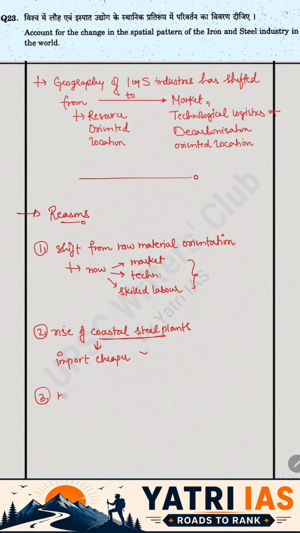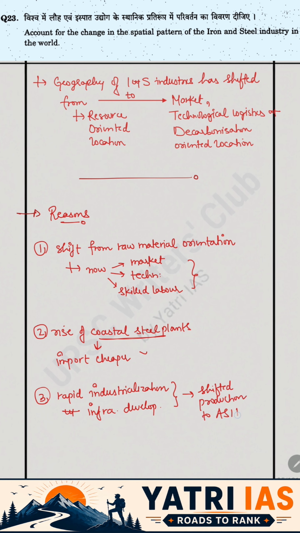Then you would mention rapid industrialization. Rapid industrialization and infrastructure development has shifted production to Asia. The developing countries like India, China, Southeast Asia, like Vietnam, Cambodia, they are developing at a very large scale, and the industrialization and infrastructure development needs have shifted the production to Asia as well.